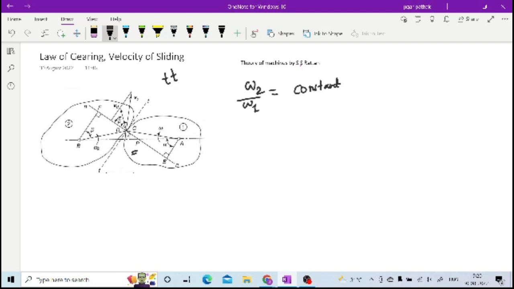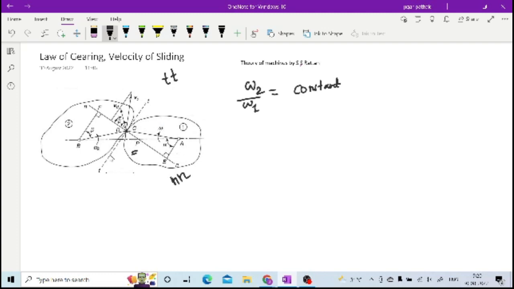Basically it is the same point; we call it C on gear 1 and D on gear 2. When you draw a perpendicular to that common tangent, NN is your common normal. So NN is the common normal and TT is the tangent at the point of contact.